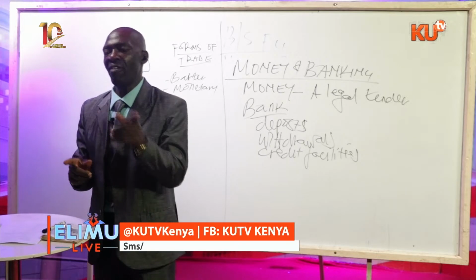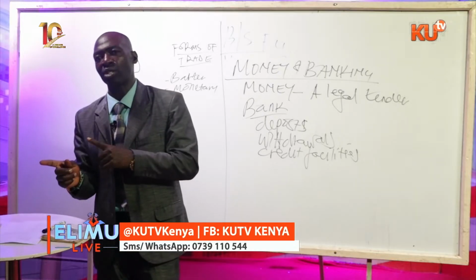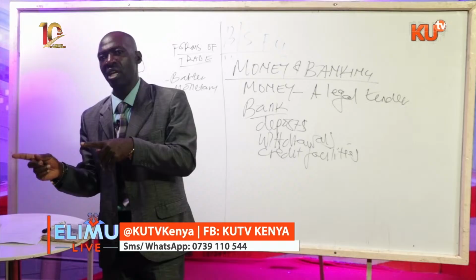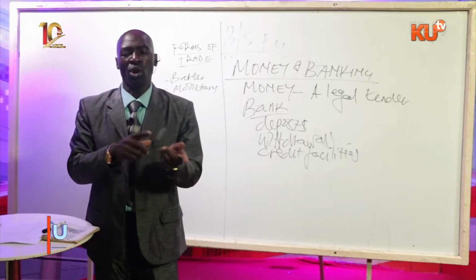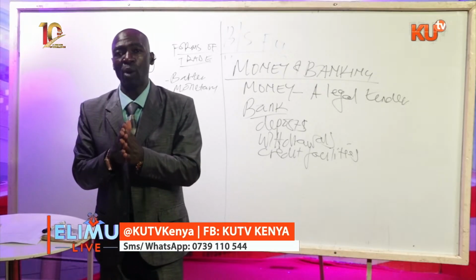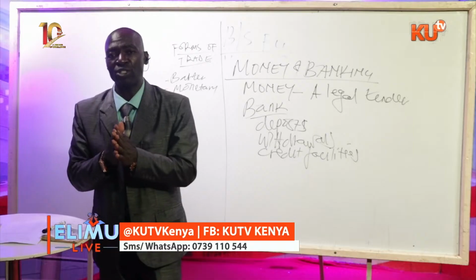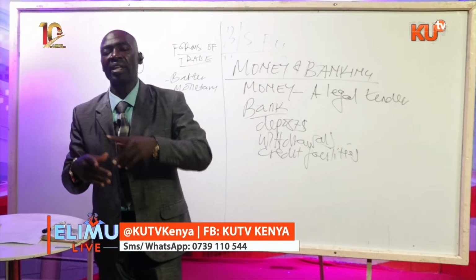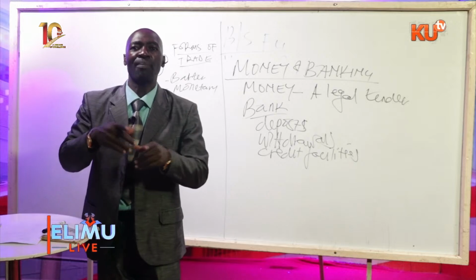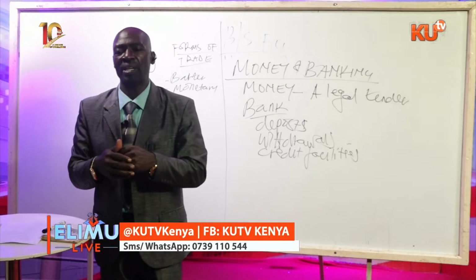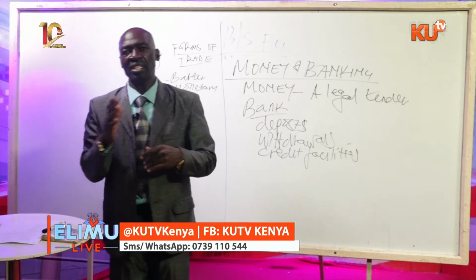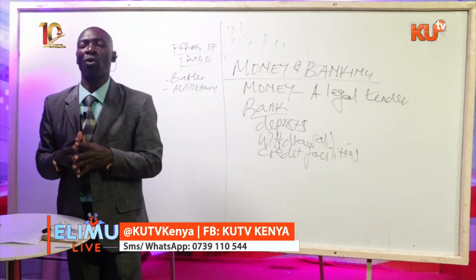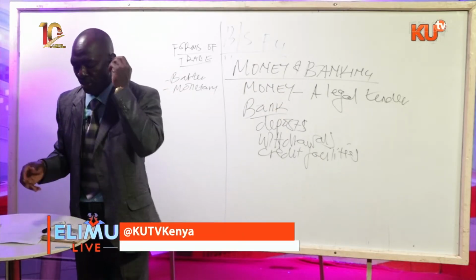This is what we call double coincidence. Barter trade required the occurrence of double coincidence.